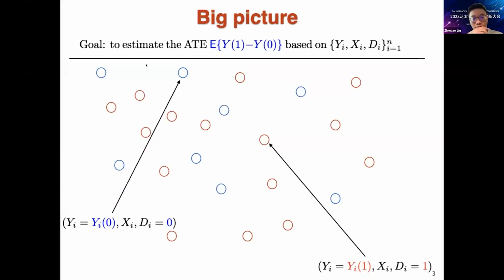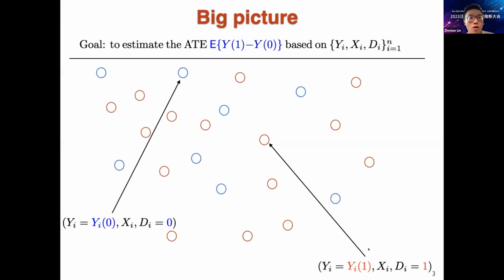For the units from the control group, we observe their potential outcomes under control. We can always observe their covariates, and also the indicator di, indicating whether a unit is from the treatment group or the control group. For the units in the control group, we use di equal to 0. For the units in the treatment group, we also observe their potential outcomes under treatment. So that's the data we have.